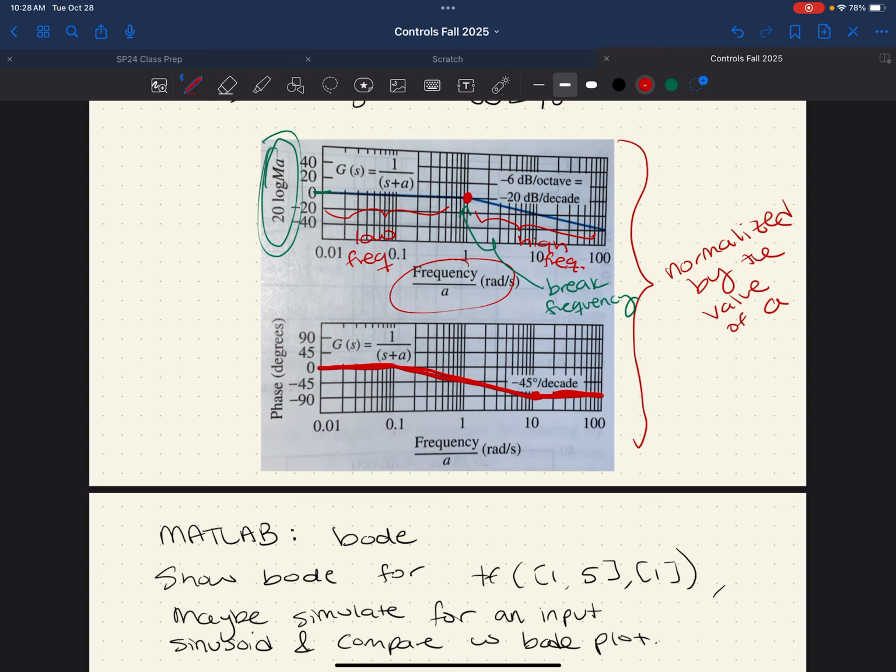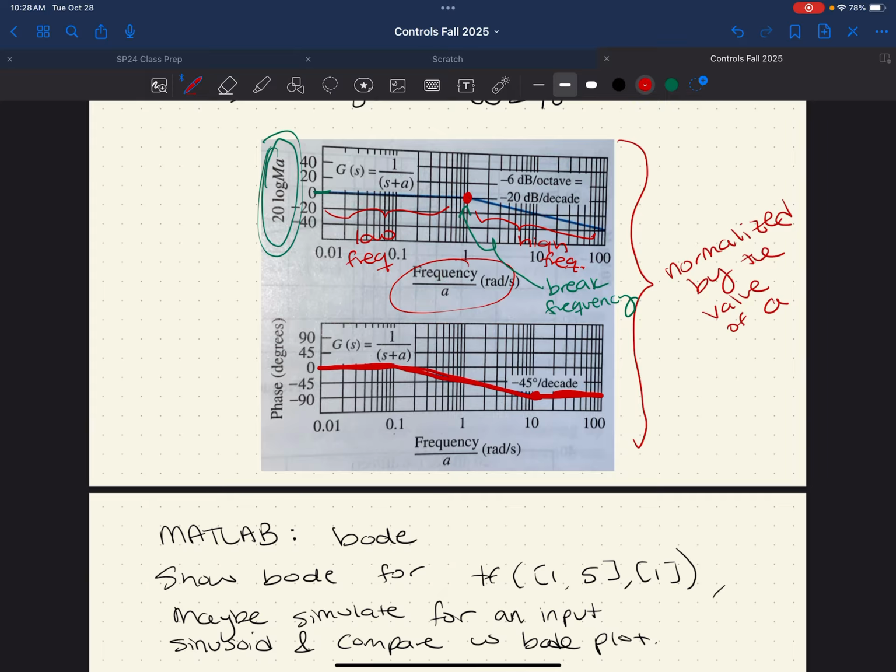So 1, 2, 3, 4, 5. Is that the dead center of my asymptote in the middle of my phase plot? It looks like it. And then is it kind of the spot where I break away from being flat to being linear? It sure does. Yeah. So that's our break point. We confirmed our break point.